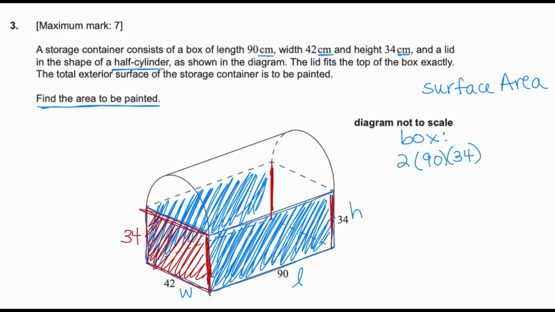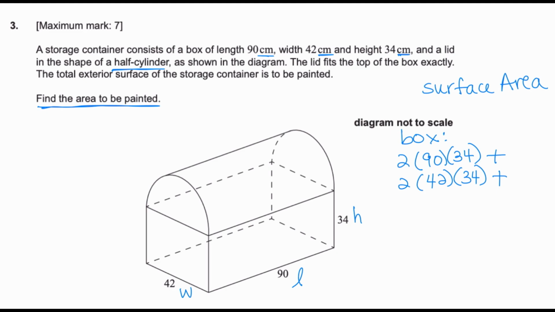So just like before, I have a front and back because I have two of those. So I'm going to multiply here 42 times 34, and there's two of them. So I'm going to put plus, in this case width times height, twice 42 times 34.